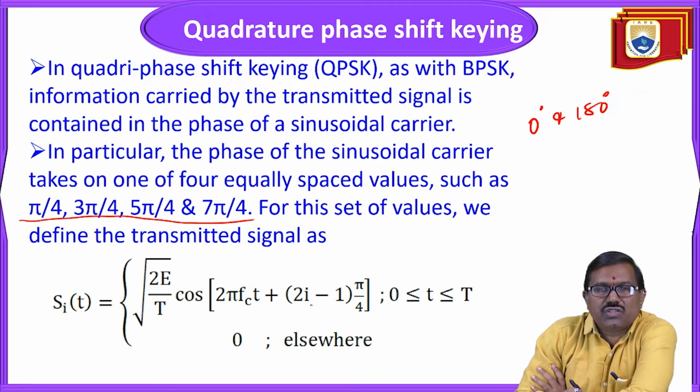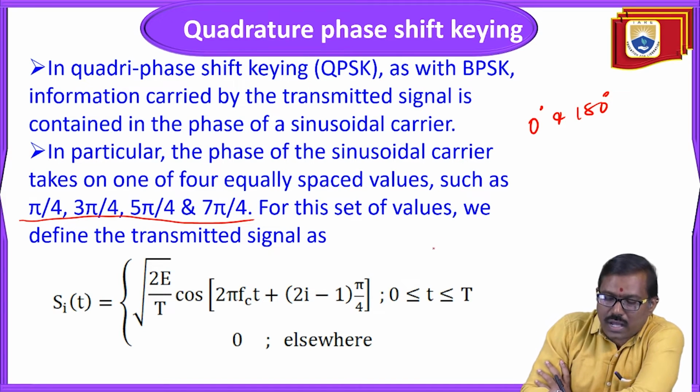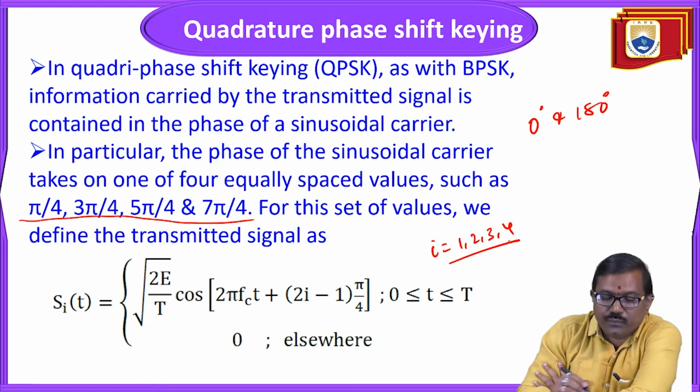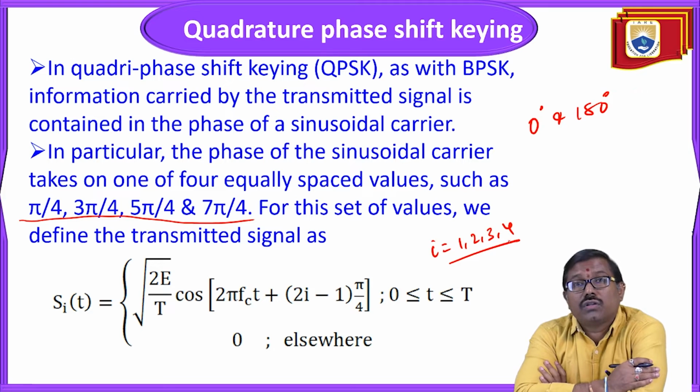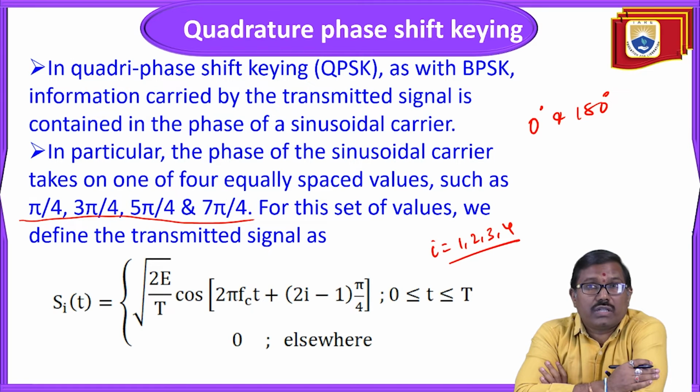When i is 3, then 2 multiplied with 3 is 6 minus 1, that is 5 pi by 4. And for i equal to 4, the value is 7 pi by 4. So my i value changes from 1, 2, 3, 4. Here I have taken 4 possible phase values.